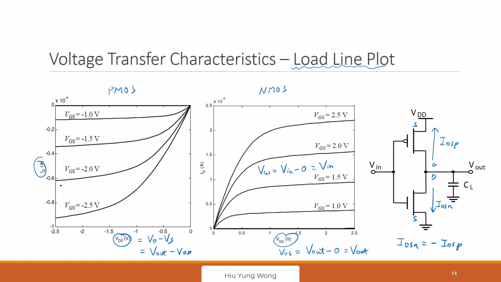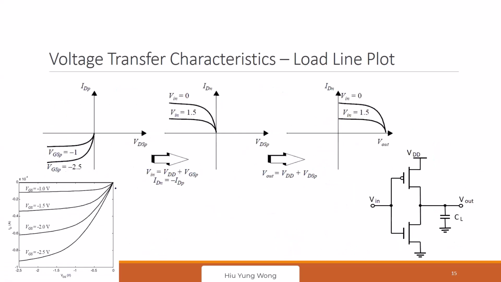How about VGS? What is that? Vin minus VDD. Exactly. Looks very weird, but you just need to do this step by step. Okay, so that is a general picture of how we assign them.